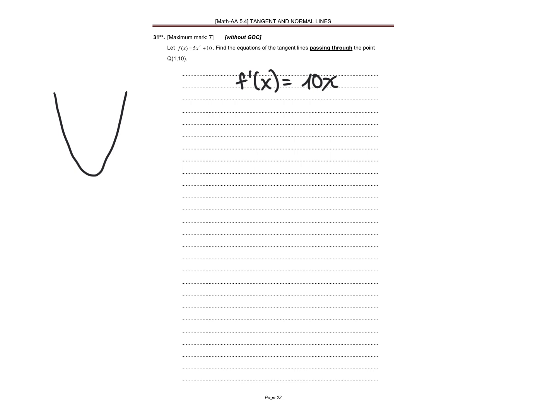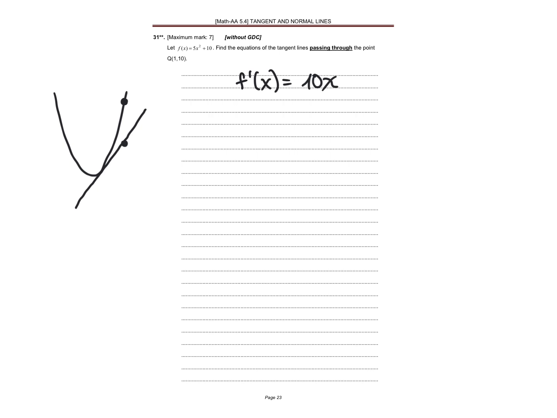You see 1, 15 is on the graph if we sub in f at 1, but we want 1, 10 to be on the graph. So it's going to be a tangent like this, okay?